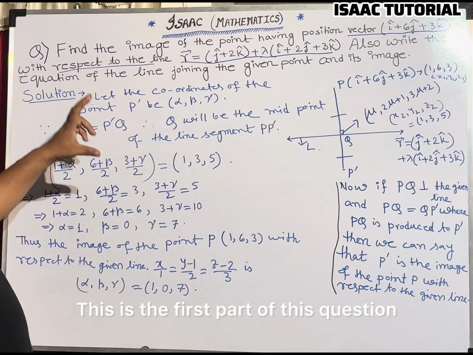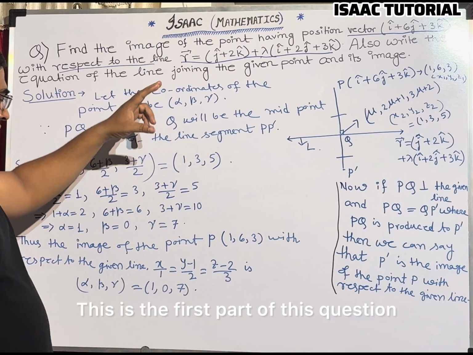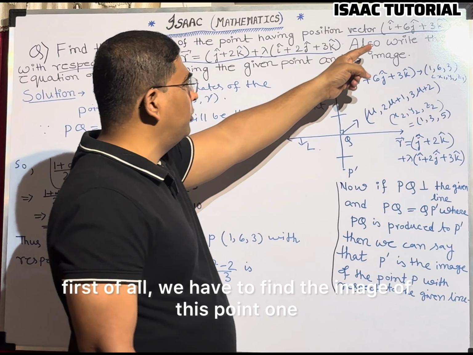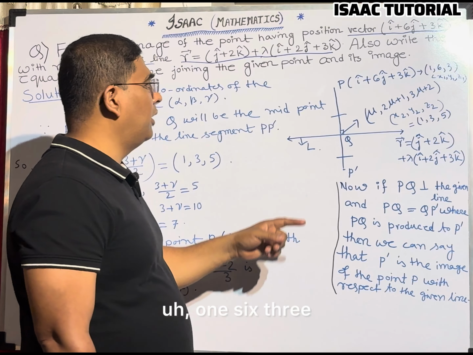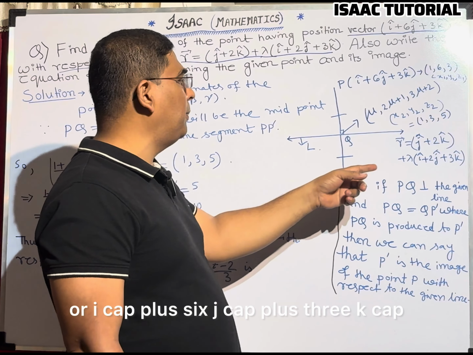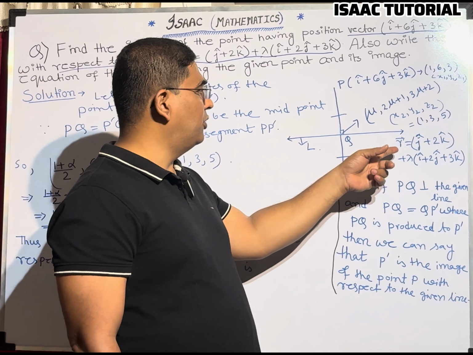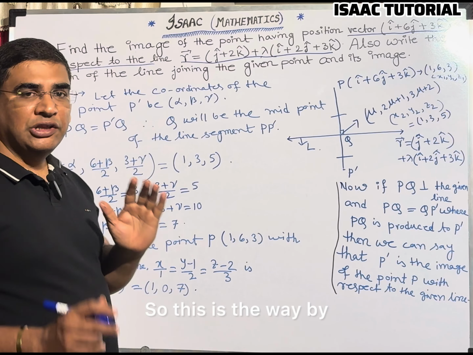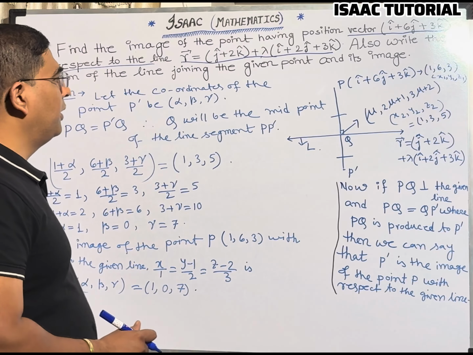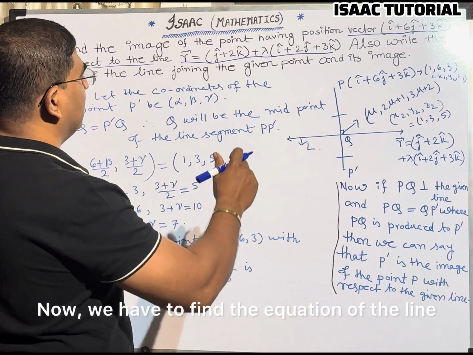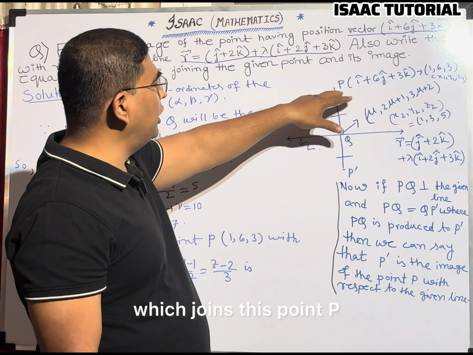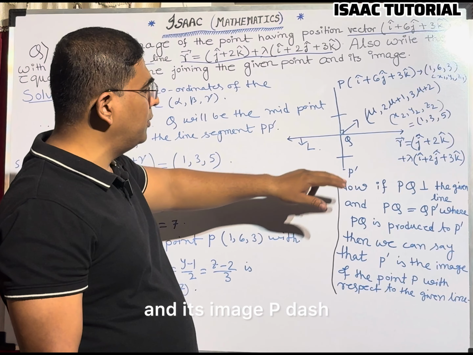This is the first part of this question. That means, first of all, we have to find the image of this point 1, 6, 3, or i cap plus 6j cap plus 3k cap, with respect to this line. So this is the way by which we can find the image. Now we have to find the equation of the line which joins this point P and its image P dash.